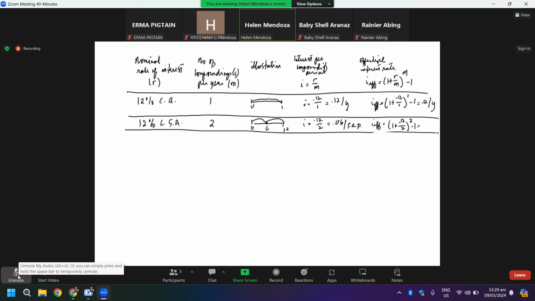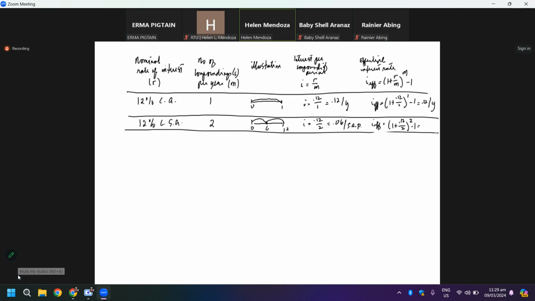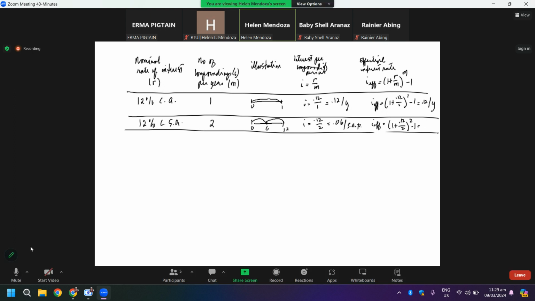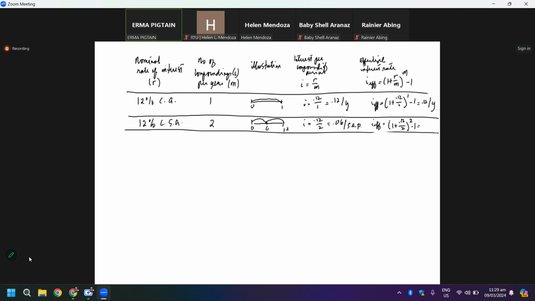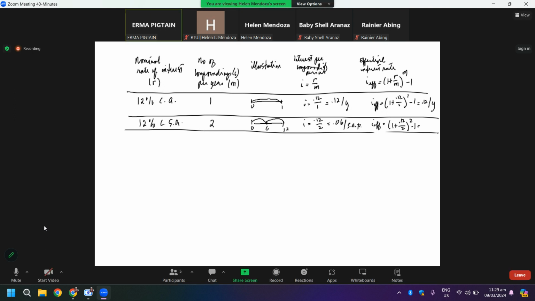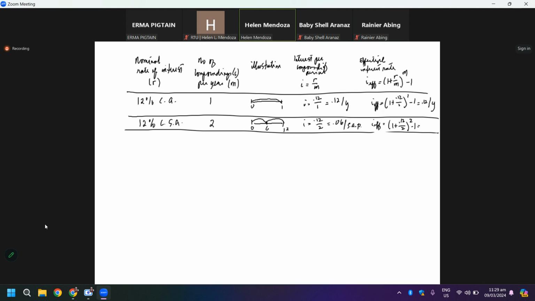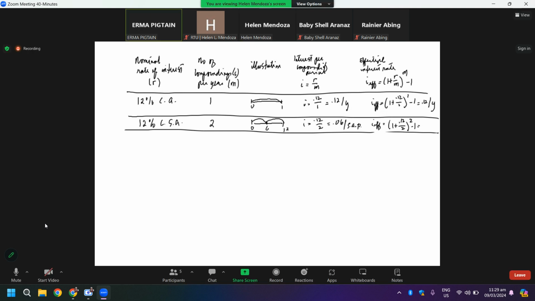Ano ba ang nasa baba? Wala ang calculator. 0.1236 ma'am? Tama ba? 0.1236 ma'am. Oo po, okay na.